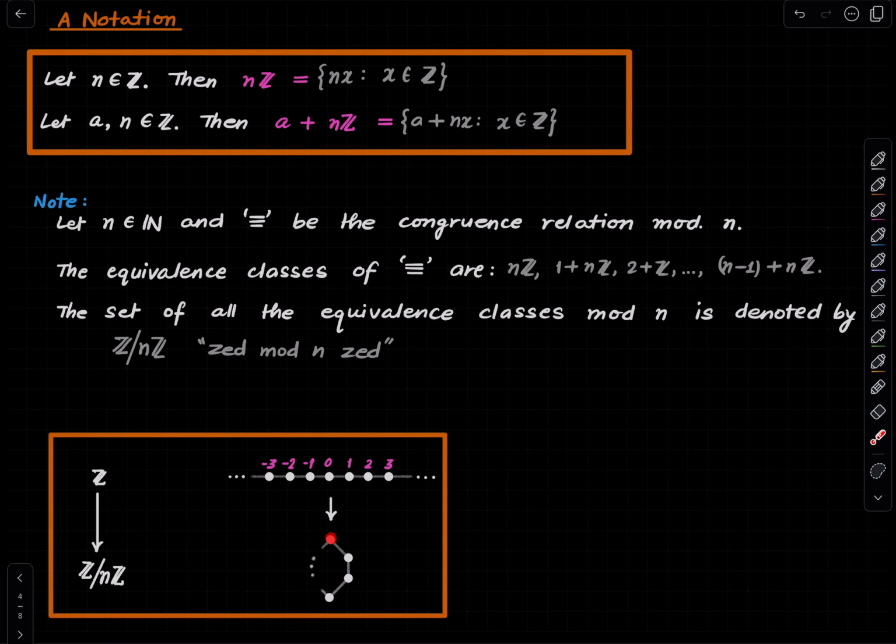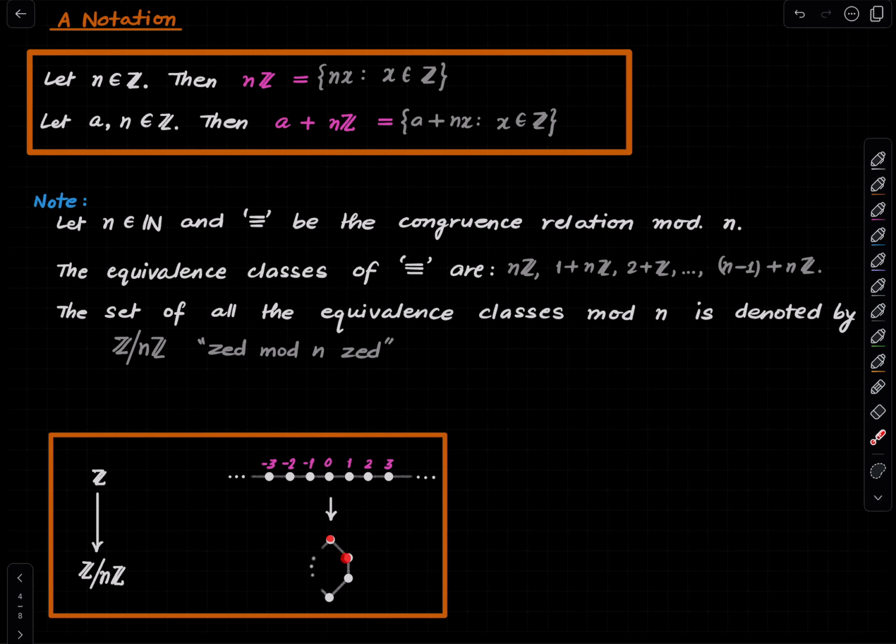So you have the congruence class of 0, then class of 1, 2, 3, up to n minus 1. And then what happens if you add 1 to n minus 1? It jumps into the equivalence class of 0. n minus 1 was in the penultimate equivalence class, but where is n minus 1 plus 1? n minus 1 plus 1 is n, which is the same as 0 modulo n. So this number comes back to the equivalence class of 0.